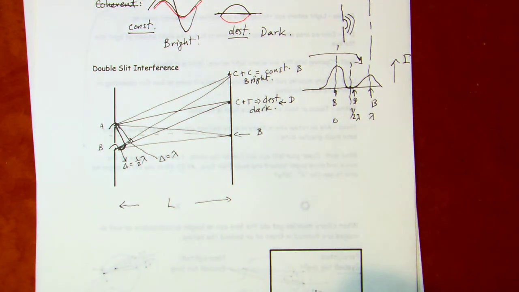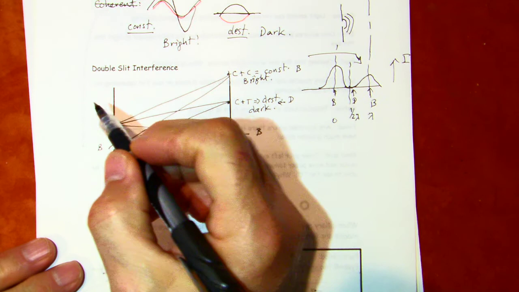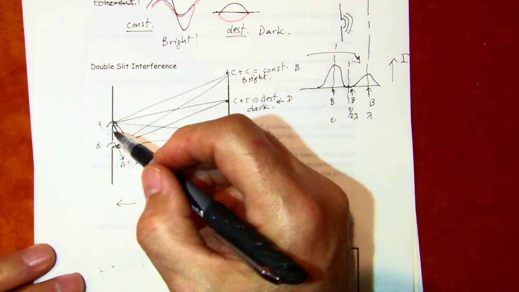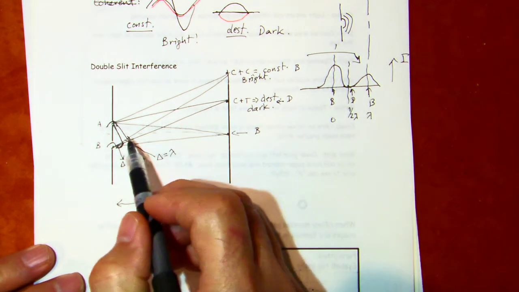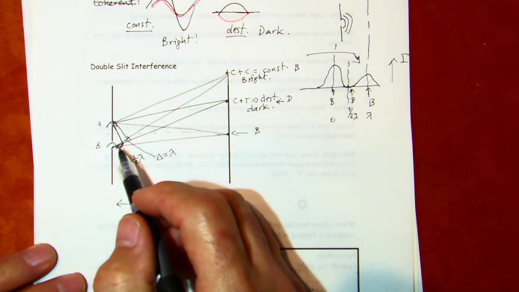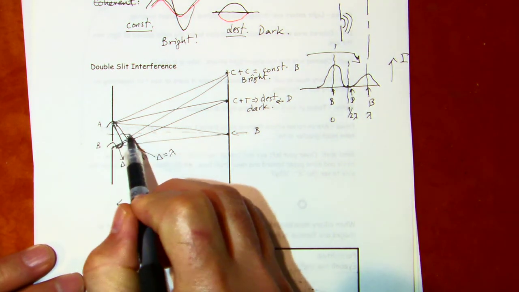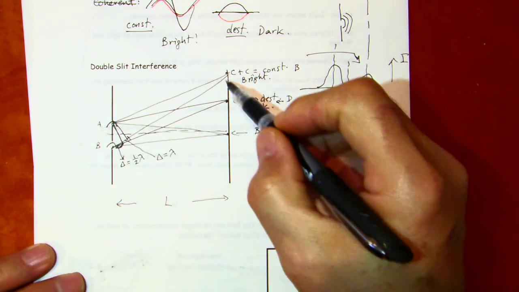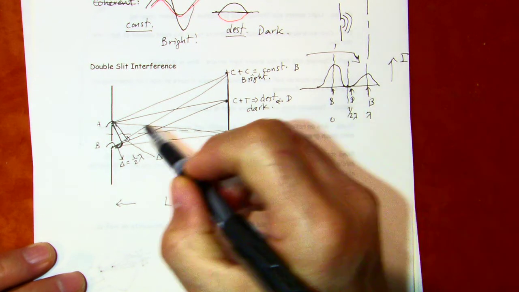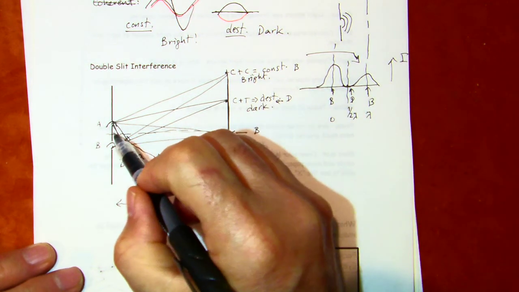Okay, now let's say that there are two triangles here, and we're first going to look at this guy up here, from the middle on up to here.